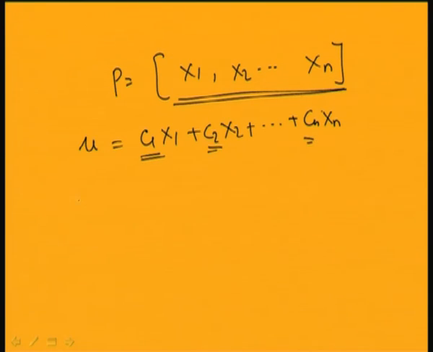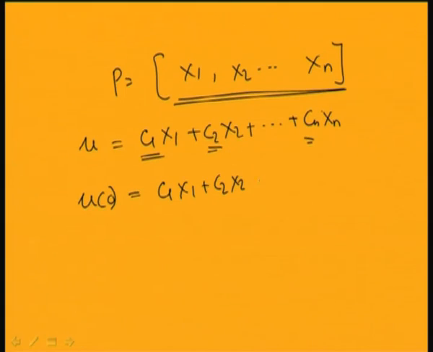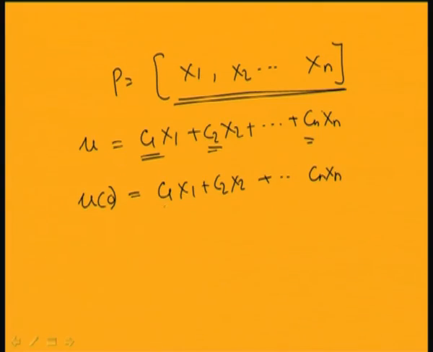Let the initial condition be u equal to u0. So, the resulting free vibration equals C1 x1 plus C2 x2 plus Cn xn. Now, if I want to find the value of C1, I can pre-multiply this by x1 transpose.